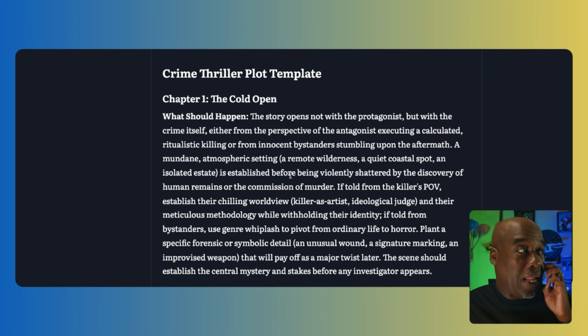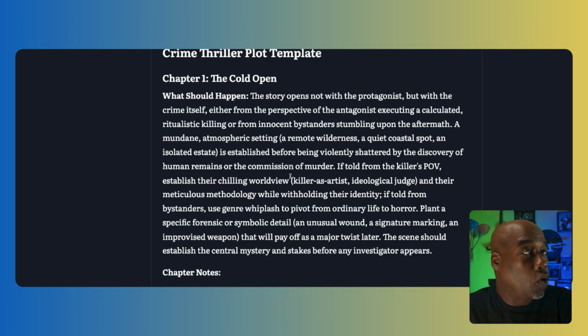Crime thriller plot template. Chapter 1, the cold opening. What should happen? The story opens not with the protagonist, but with the crime itself, either from the perspective of the antagonist executing a calculated ritualistic killing, or from innocent bystanders stumbling upon the aftermath.